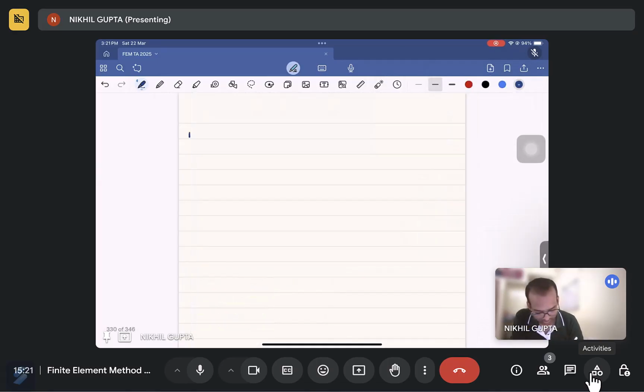So the area will be 1 by 2, 4 into 2, which will be 4. Then Ni we can write as 1 upon 2A, ai plus bix plus ciy.